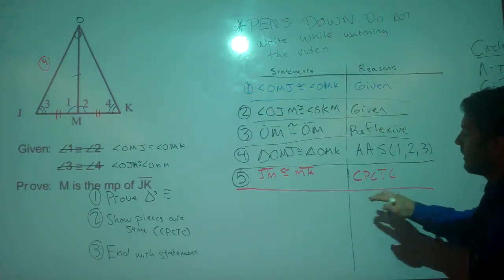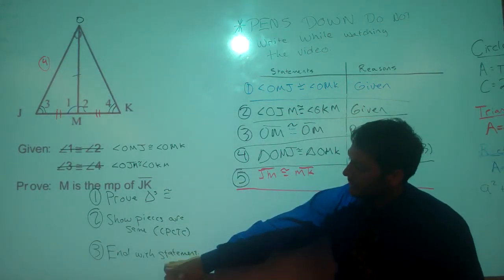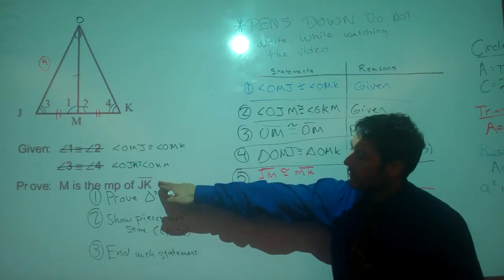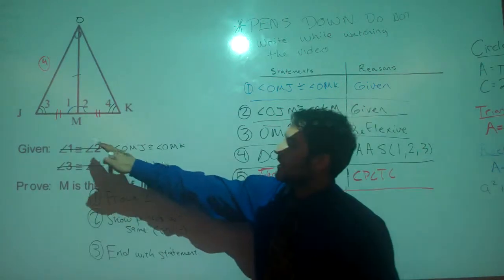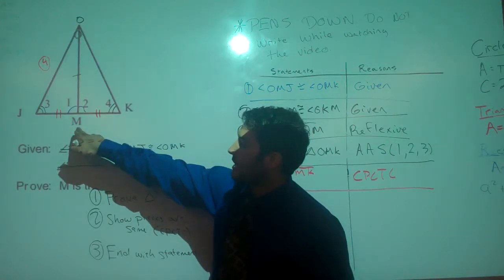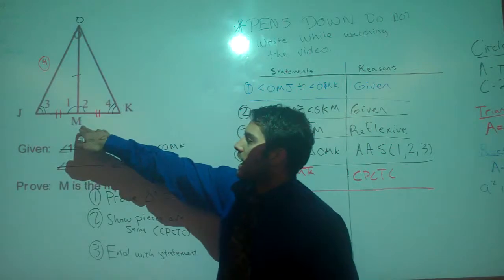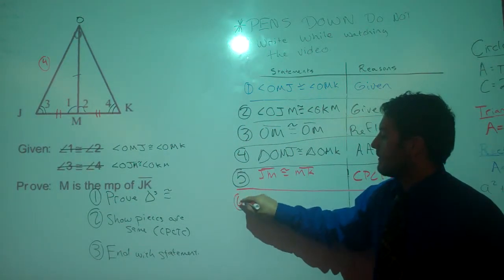Now that I have stated that the pieces are the same, then it makes sense to end with my statement that M is in the middle of J and K because the two pieces are the same. If the two pieces are the same, that means that M is in the middle. I have shown the pieces are the same by CPCTC. Now I can say that M is in the middle by definition of midpoint.